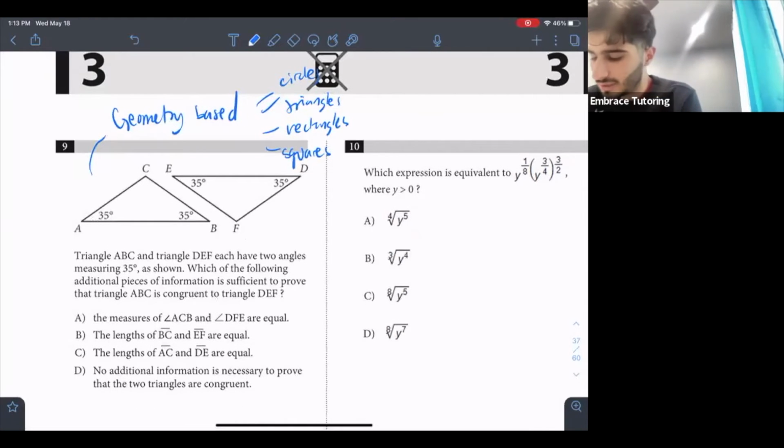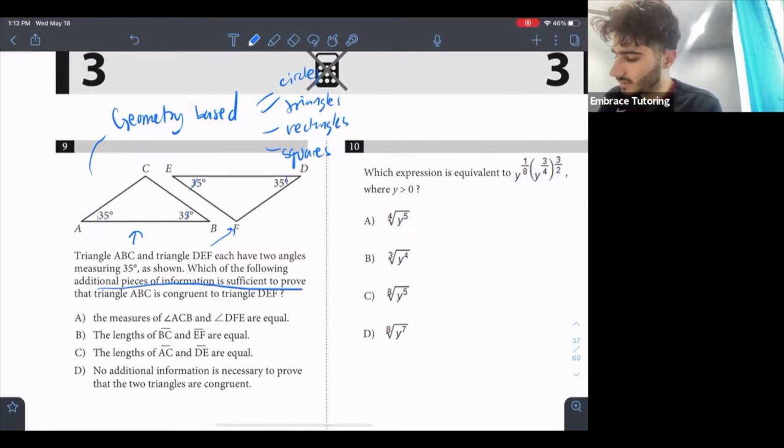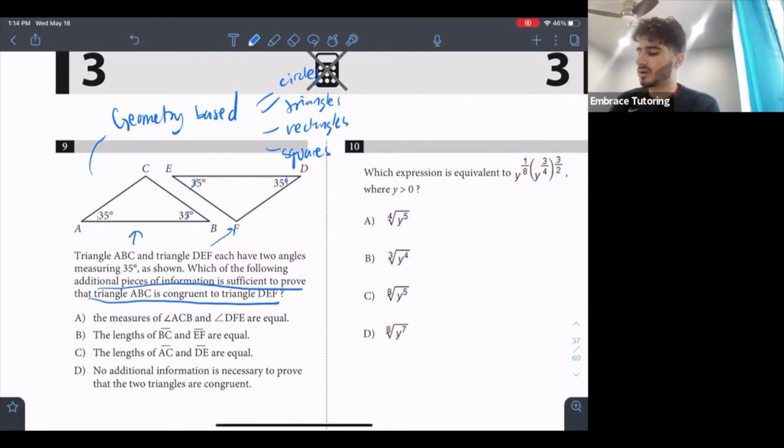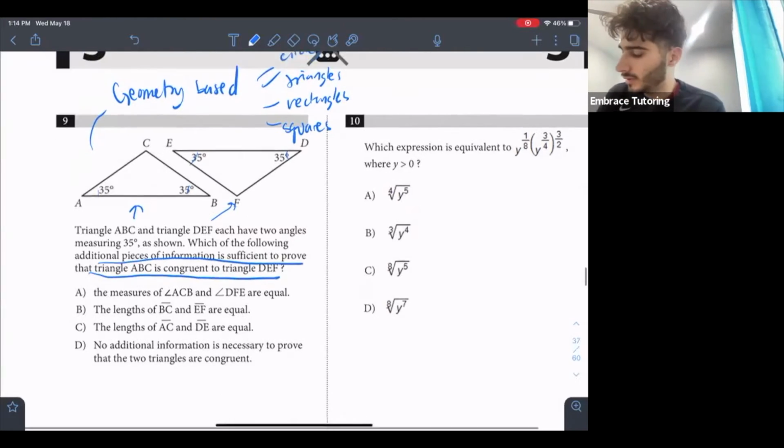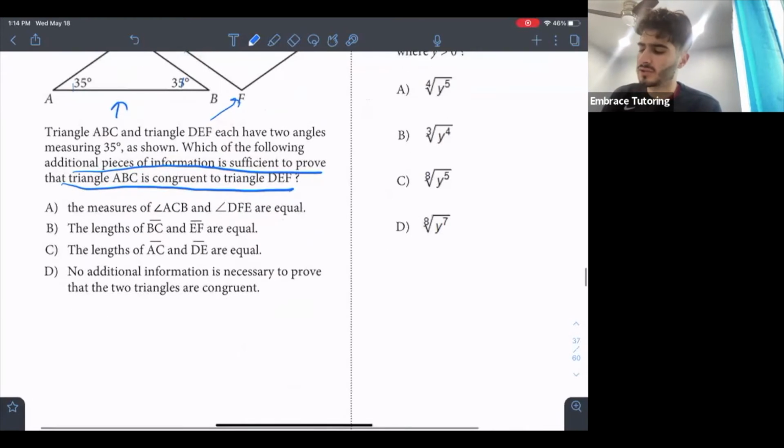So the question reads, triangle ABC right here and triangle DEF each have two angles measuring 35 degrees as shown. Which of the following additional pieces of information is sufficient to prove that triangle ABC is congruent to triangle DEF? Okay, so there are various ways of showing congruency.